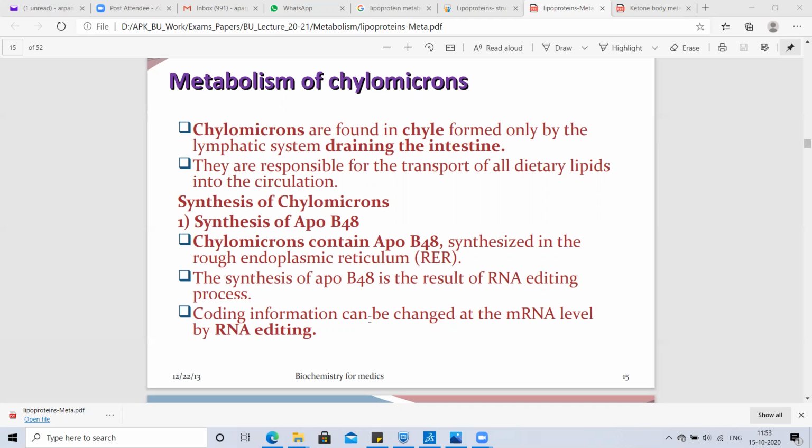This process leads to the generation of a protein containing only 48 amino acids, which will further help in the synthesis of chylomicron. So this is RNA editing, which actually acts at the mRNA level.